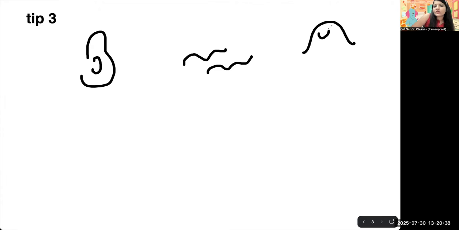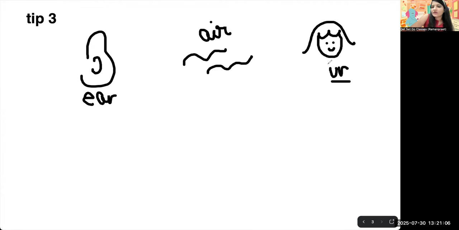So we use that word her for the girls, right? It has a sound, so we can tell them that these are the 3 sounds through visuals. This first one is ear. This is air. And this is her, because for her we use that sound. So ear, air, and her.